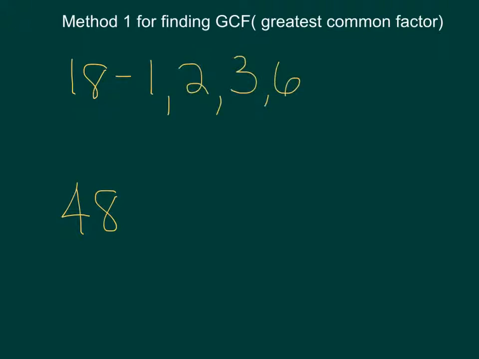So the first method for finding GCF is to list the factors of the numbers. So if we have two numbers, 18 and 48, and we want to find the greatest common factor of those numbers, we first need to list out the factors. 1, 2, 3, 6, 9, and 18 are the factors for 18.